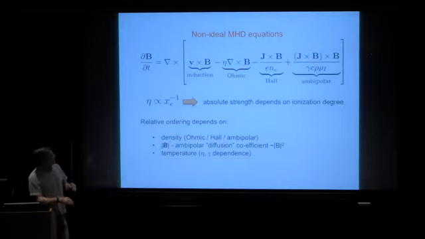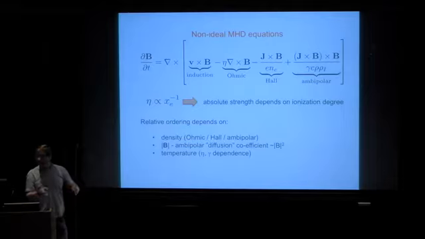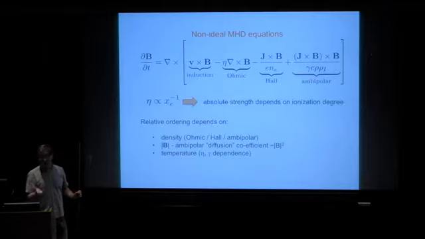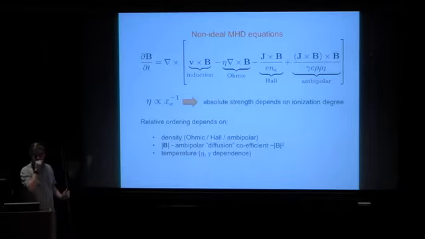So all three of those depend on the ionization degree in basically the same way. And clearly, the absolute strength of those non-ideal terms depends entirely on how ionized or poorly ionized the fluid is. If we make things more and more weakly ionized, they just become stronger.